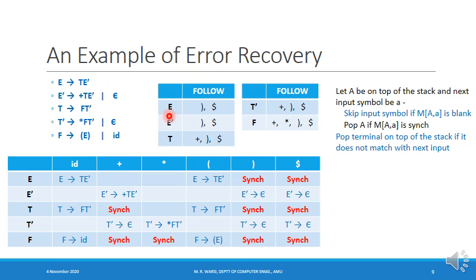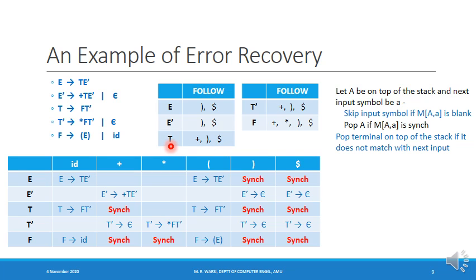So follow of the variable capital E is right parenthesis and dollar. So these two symbols will be the synchronizing token for the variable capital E. Similarly, follow of the variable capital T is plus right parenthesis and dollar. So these three symbols will be the synchronizing token for the variable capital T.